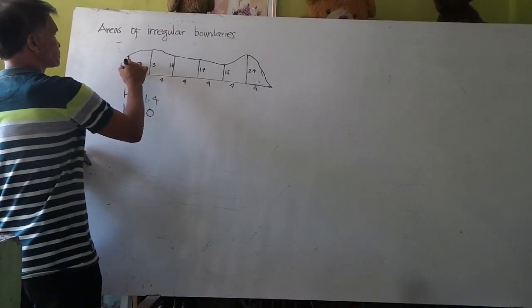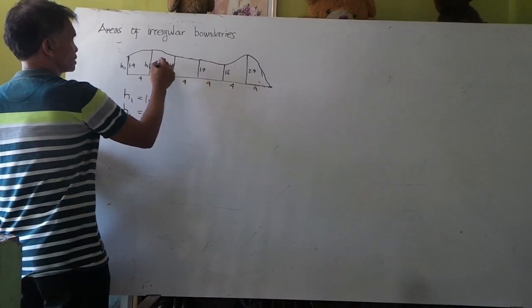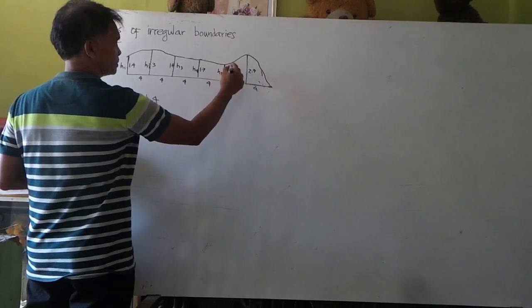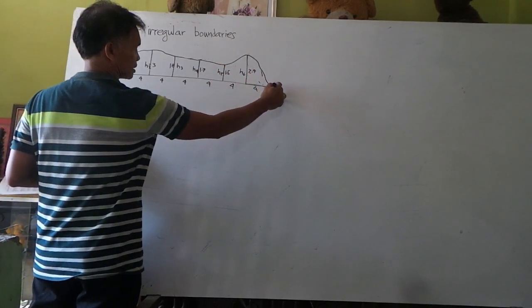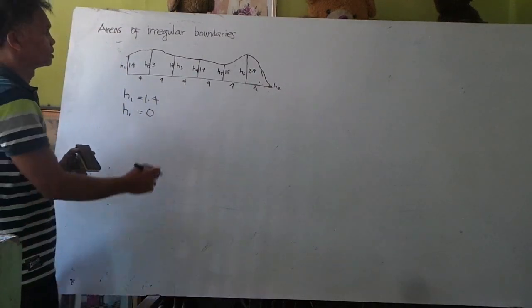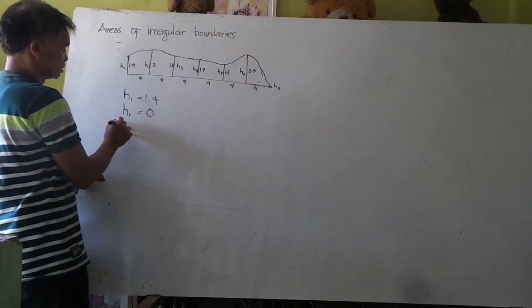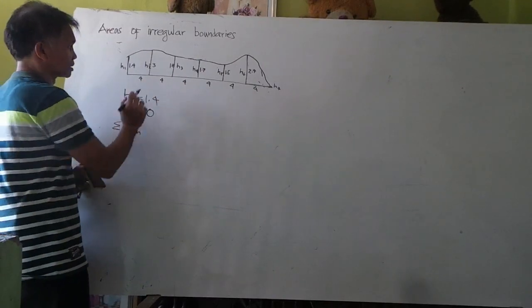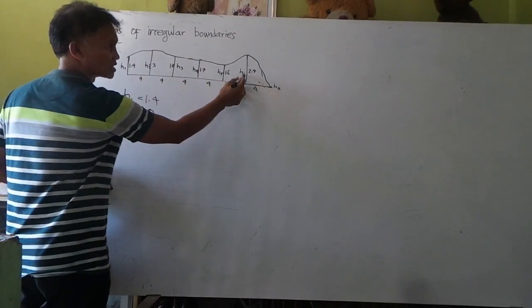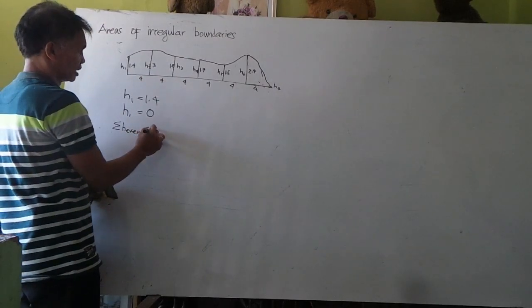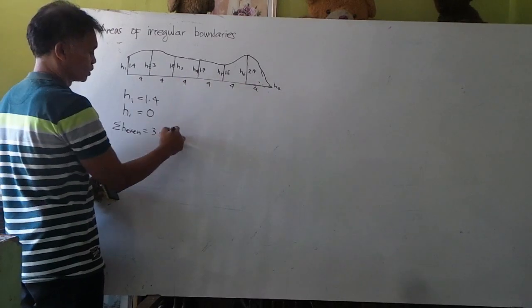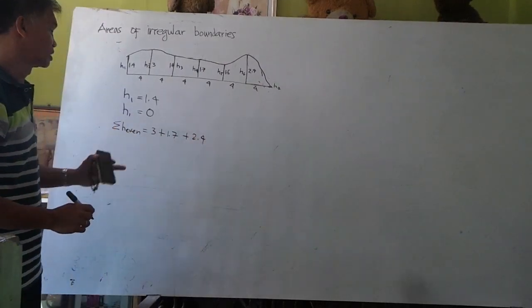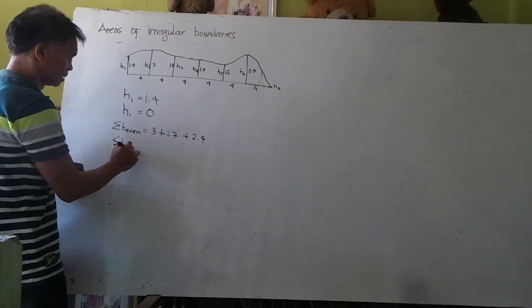This is our H1, H2, H3, H4, H5, H6, and H7 is the last. Then the summation of H even, those at positions 2, 4, 6, which are the even ones: 3 plus 1.7 plus 2.4. Then the H odd numbers.